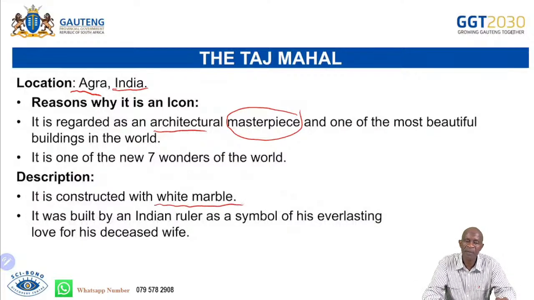This is the material that was used to build the structure. It was built by the Indian ruler as a symbol of his everlasting love for his deceased wife. So it was built in honor of an Indian ruler, in honor of his late queen.